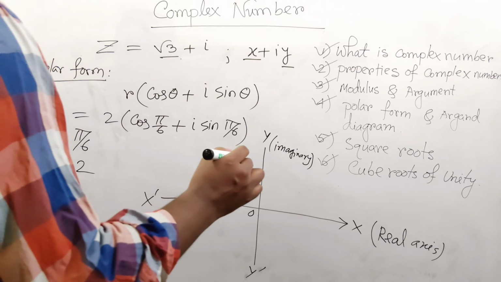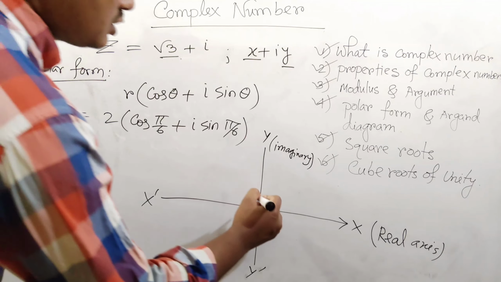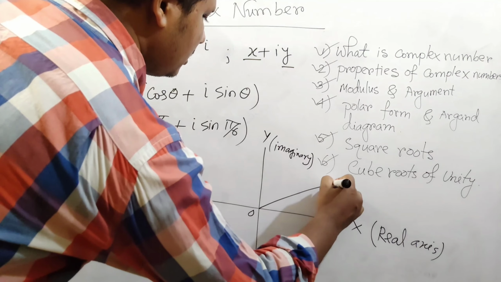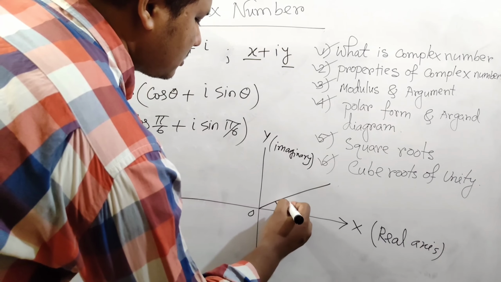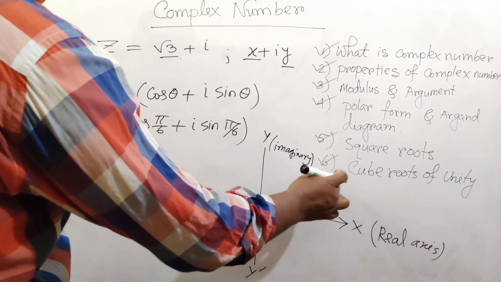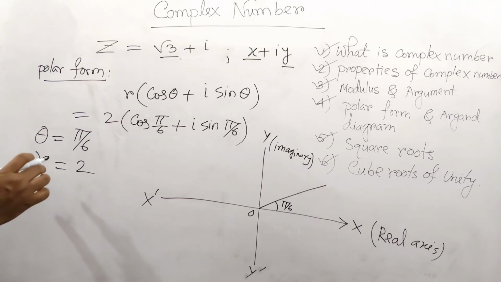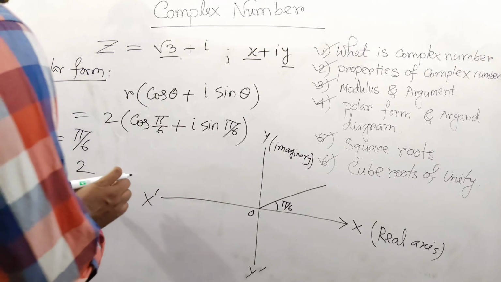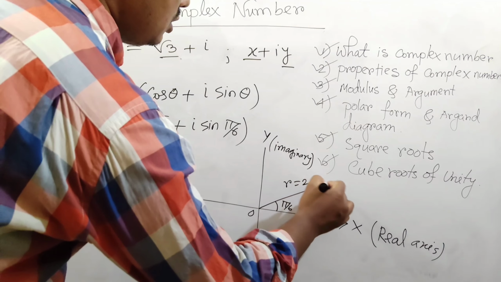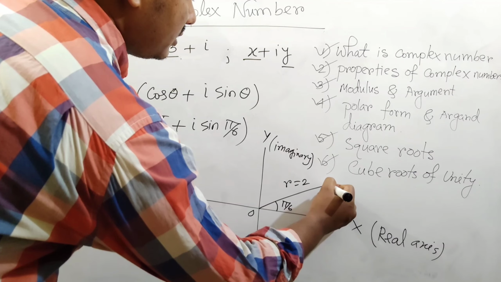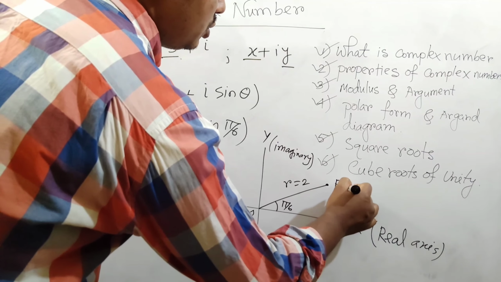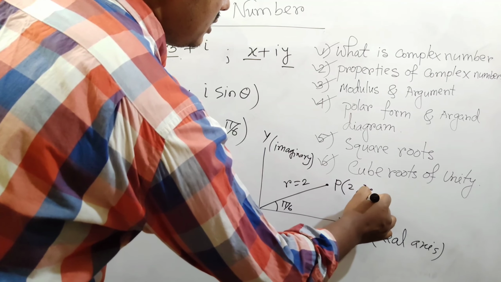So by using your protractor, you first draw an angle of pi by 6, or 30 degrees, along the x-axis, and then by using your scale you take 2 units, that is, r equal to 2. So this is the point P.